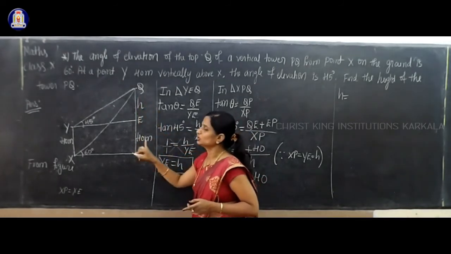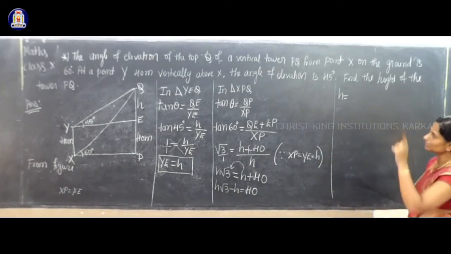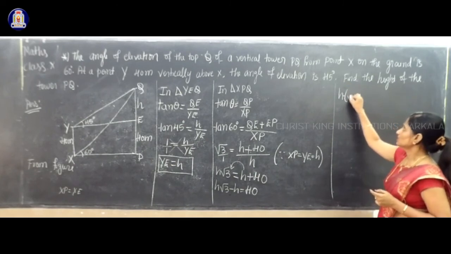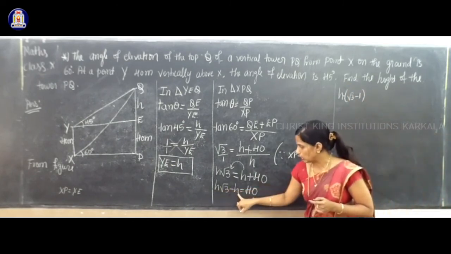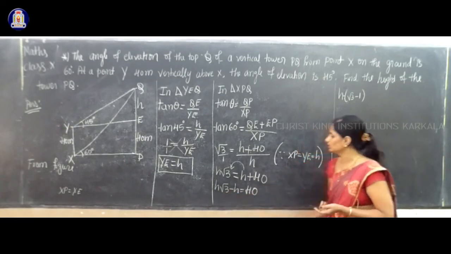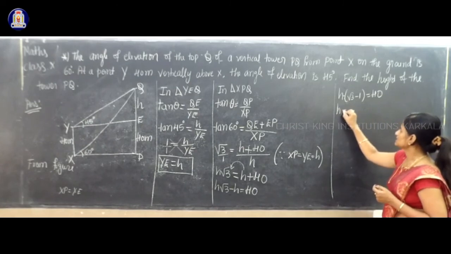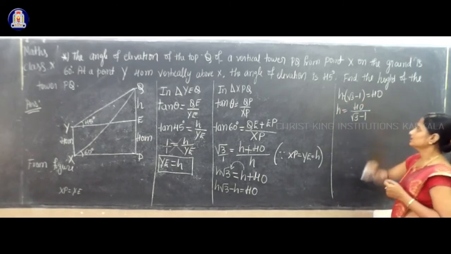So that gives the total height of the tower, the vertical tower. Correct? Yes. So H outside, and what is left here? Root 3 minus 1. H is common, so take it outside. So H into root 3 minus 1 is equal to 40. So H is equal to 40 divided by root 3 minus 1.